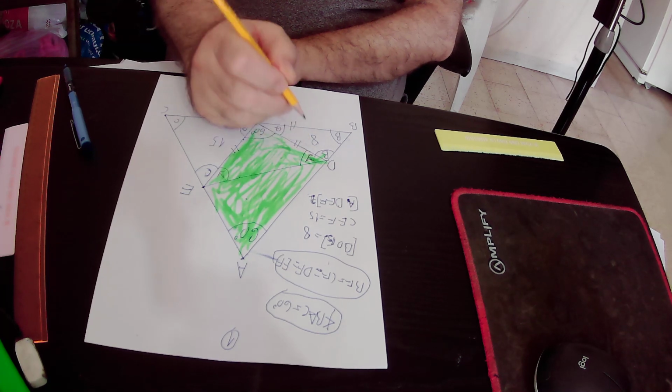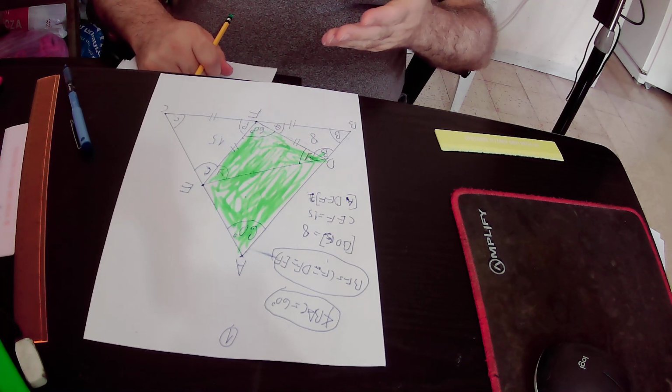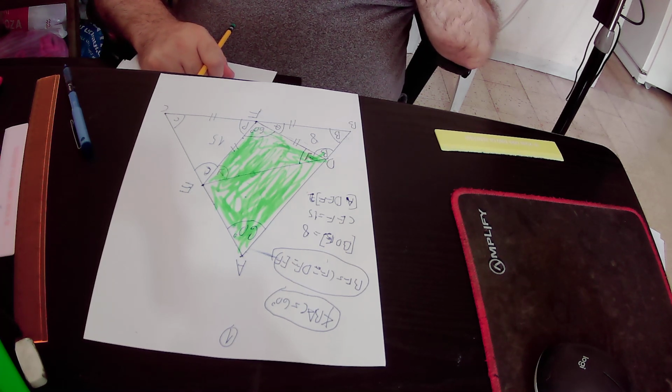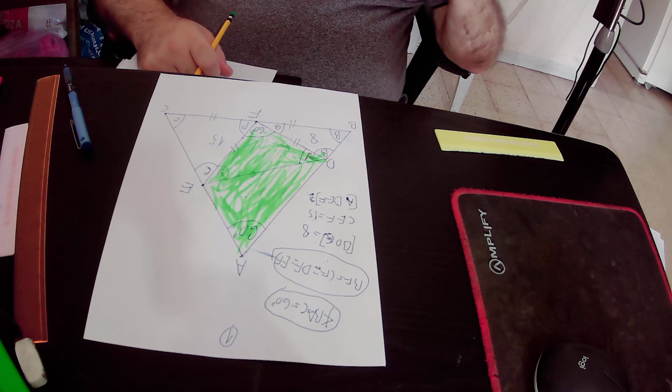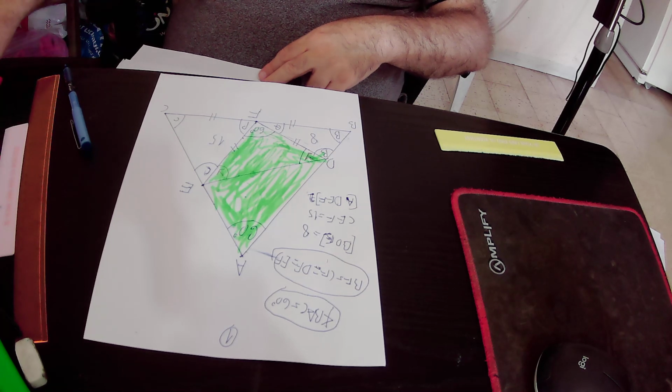Now we will use rule number 1 that states that the sum of the angles in any triangle is equal to 180 degrees, and especially the sum of the angles in triangle DFE equals 180 degrees.